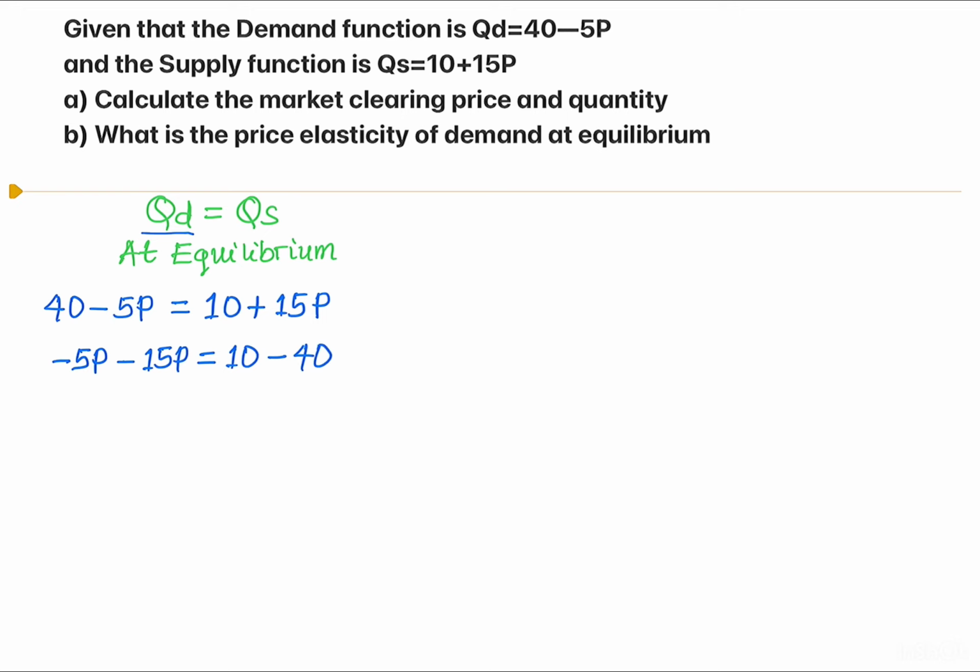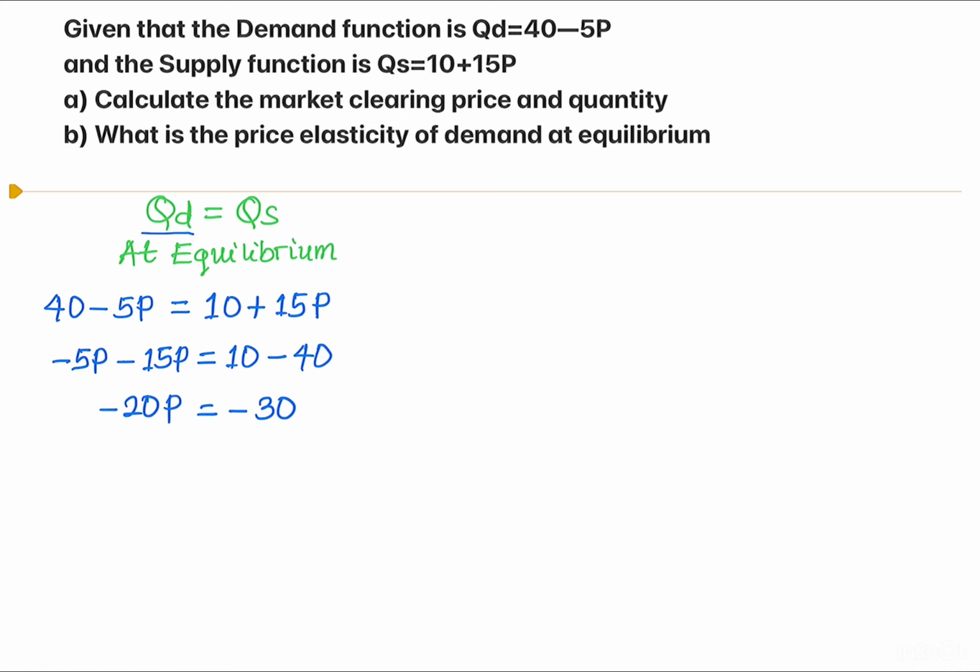The sign changes because the values are crossing over the equal to symbol. Minus 5p minus 15p is minus 20p, equal to 10 minus 40, that's minus 30.